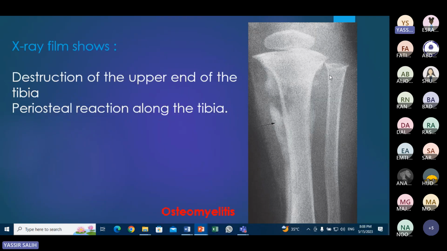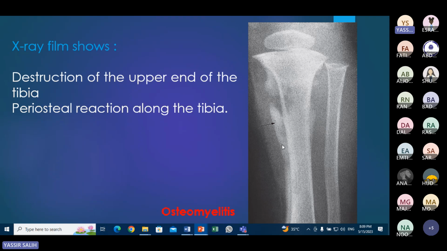This patient presents with a history of open fracture. What abnormality do you see? What does this arrow point to?